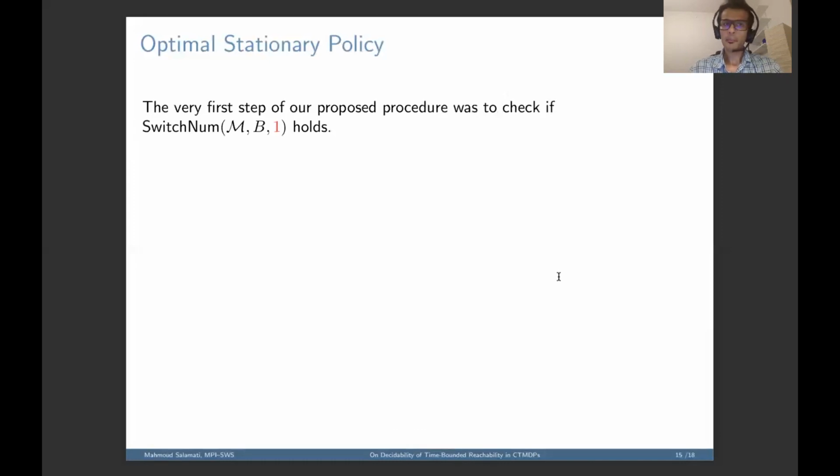If you remember, the very first step of our proposed decision procedure was to check if the optimal policy has at least one switch point or not.